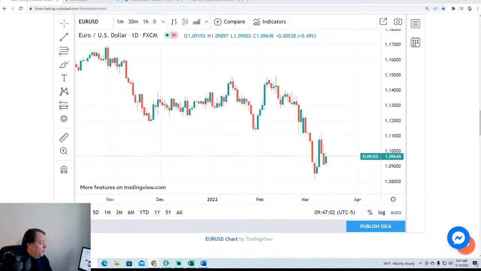All right, so right now we do have bearish pressures. Fundamentally, obviously, we have the war in Ukraine that is going on. The sanctions that are being imposed on Russia, as the news will have you believe, only hurt the Russians. However, it does impact the EU. Sanctions on Russia hurt the trade between the EU countries and Russia as well.